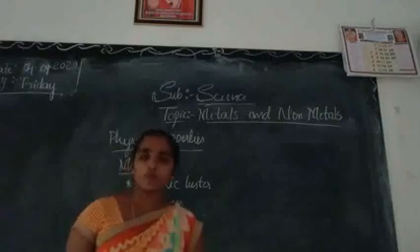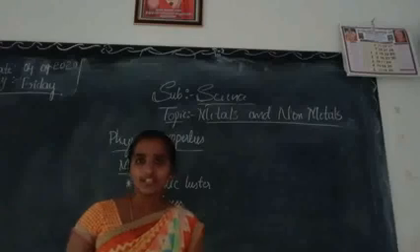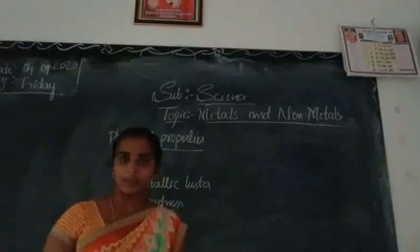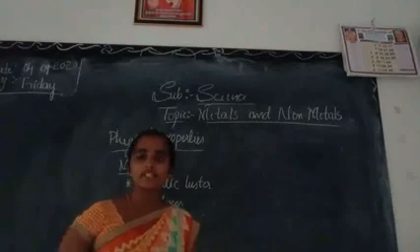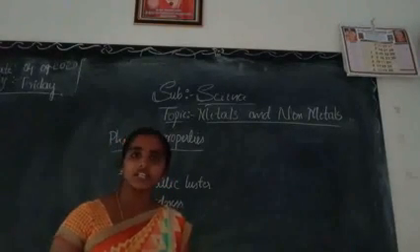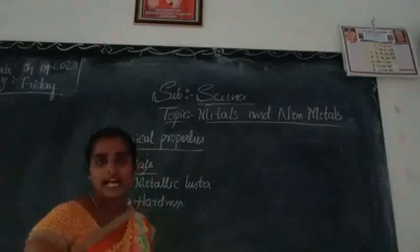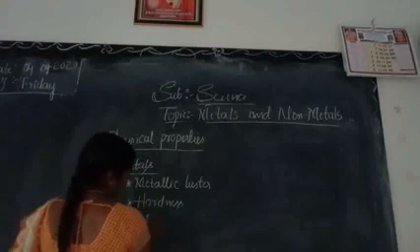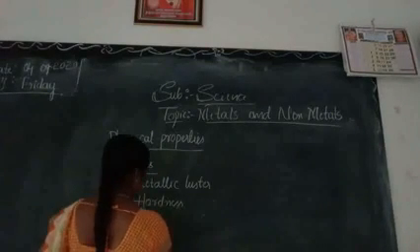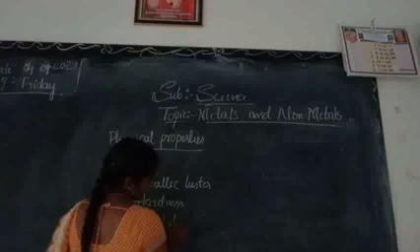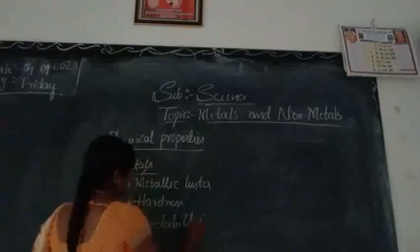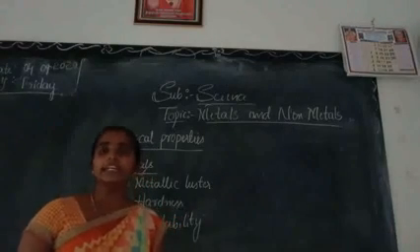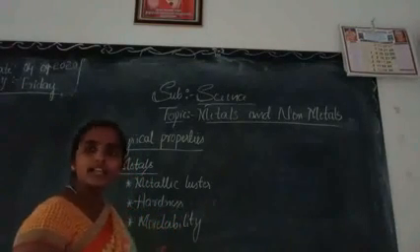And the next property: the metals can be beaten into a thin sheet. That property is called malleability.